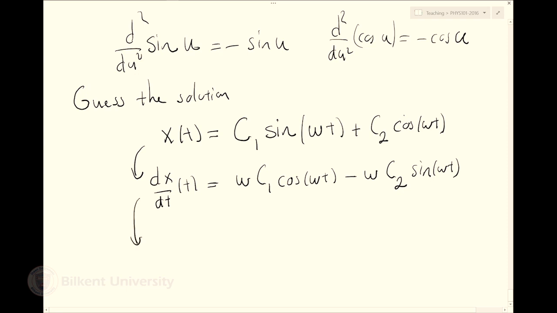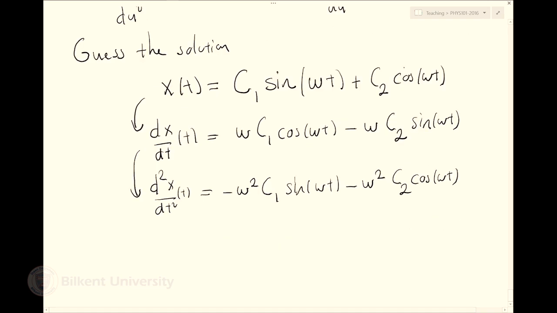Let's take another derivative, d square x dt square. I get a minus omega out, so minus omega square c1 sine omega t. I get plus omega out, so it's going to be minus omega square c2 cosine omega t.